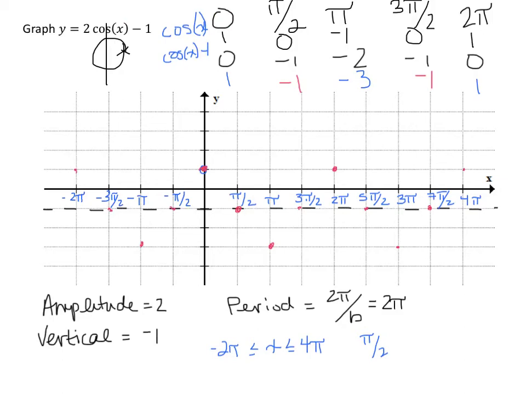Now when I connect these dots, I'm going to make the curves smooth. I'm not going to make them pointy. It does not have to be perfect, but if it's pointy, it will be marked wrong. Remember to include arrows because these graphs move on and on.